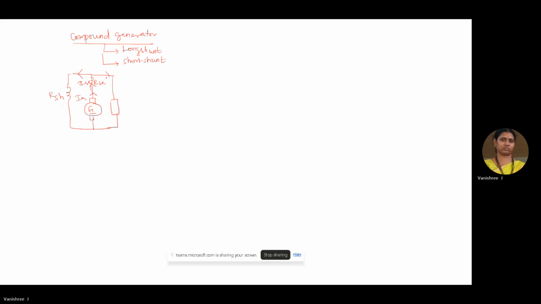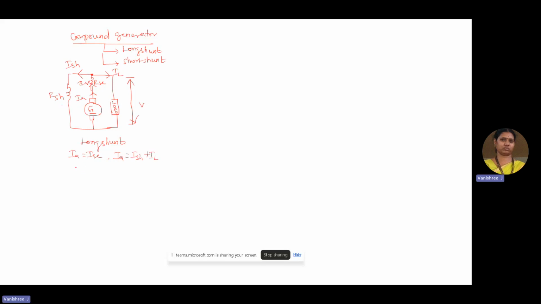On reaching this node, the current gets divided into ISH and the load current IL, and the voltage across the load is V, which is the terminal voltage. So this is long shunt. Coming to the current relationship, IA is equal to ISC and IA is equal to ISH plus IL.